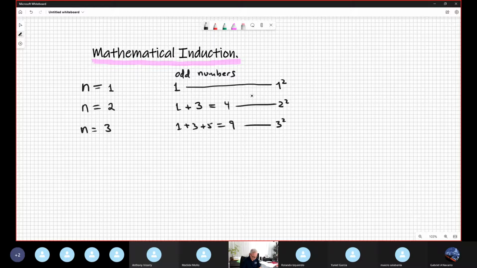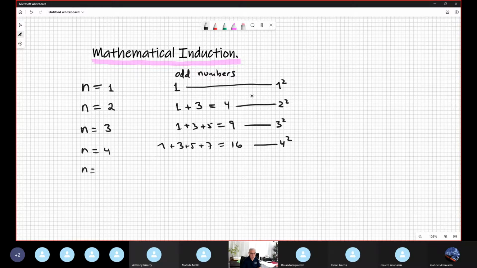Let me continue at least a few more. Suppose 4: the first four is 1 plus 3 plus 5 plus 7, which is 16, that is 4 squared.